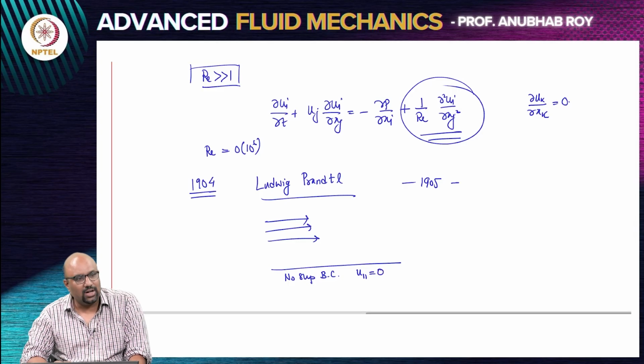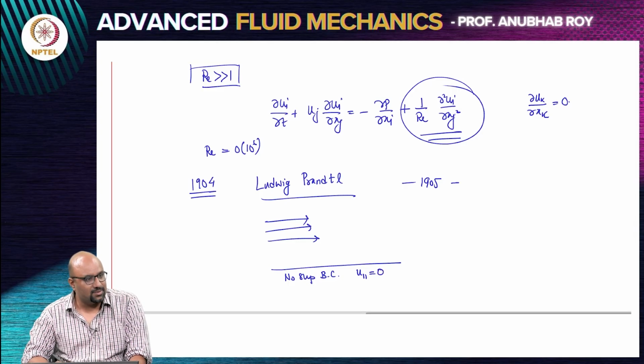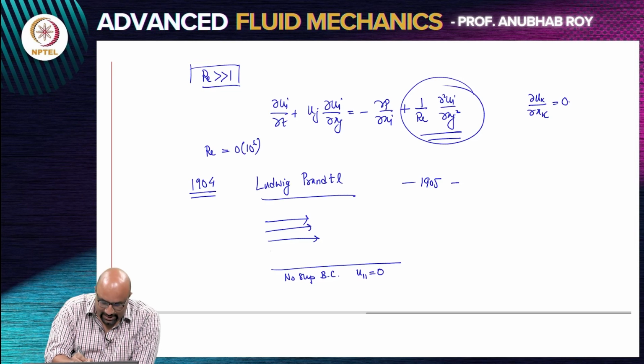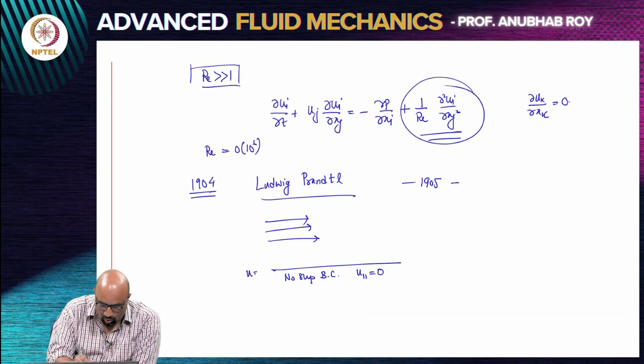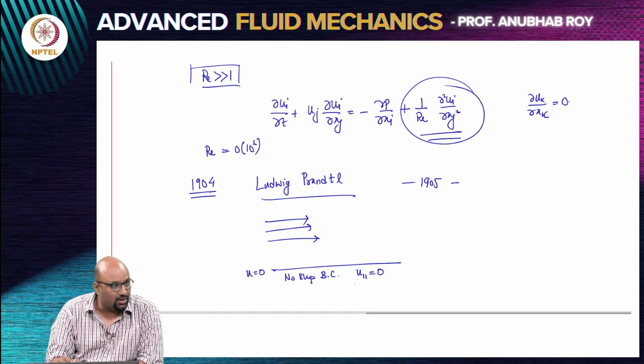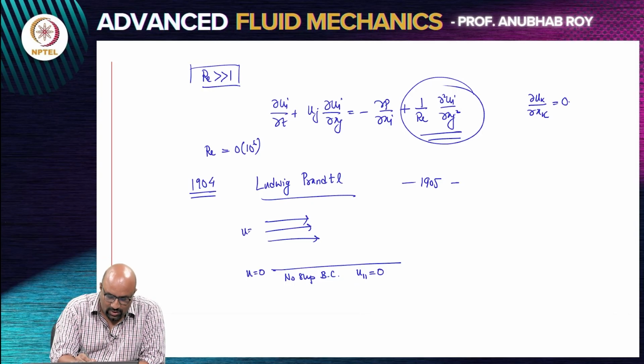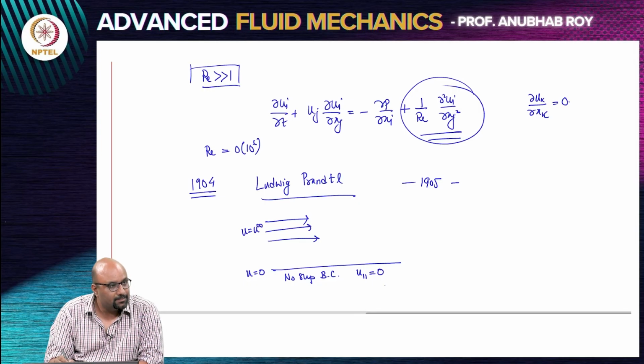So, the fluid should adhere or stick to the surface. What Prandtl said is that at the surface, obviously u is equal to 0, if I call u the x component of the velocity, and far away u is equal to some u infinity.